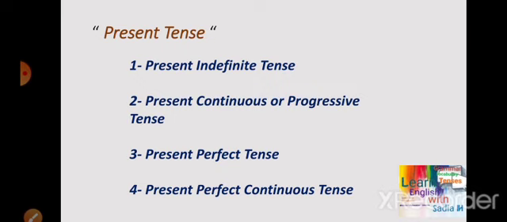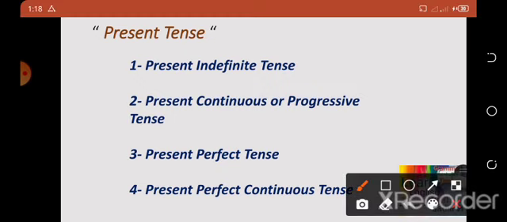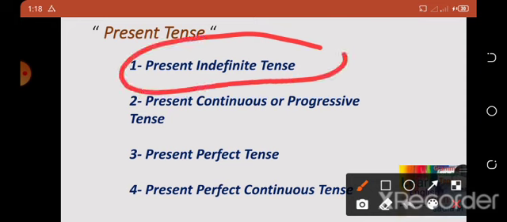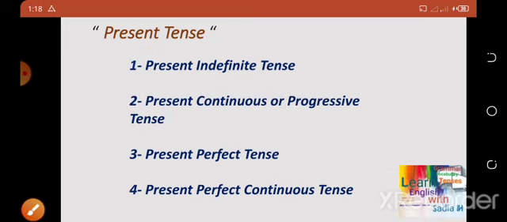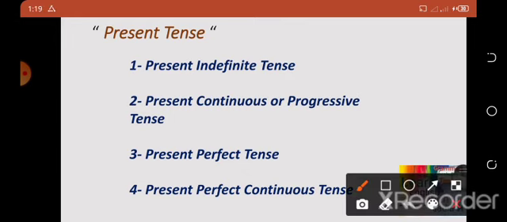Now present tense has four types, like present indefinite tense, and let me tell you people that in this video we are going to deal with the present indefinite tense only, while the others will be discussed inshallah in the next lectures. So the present continuous or progressive tense is the second one, and you need to know that continuous and progressive are the same name for the present continuous tense.